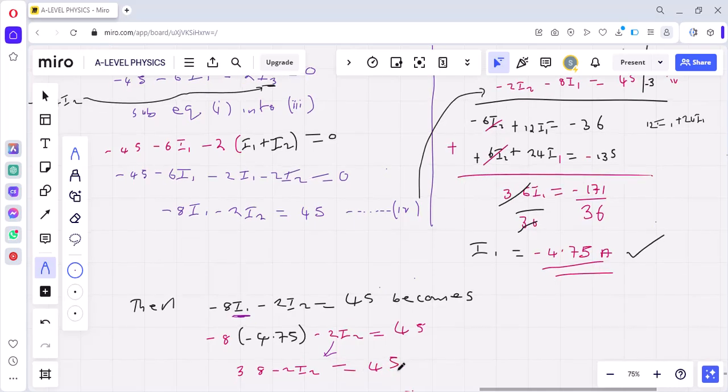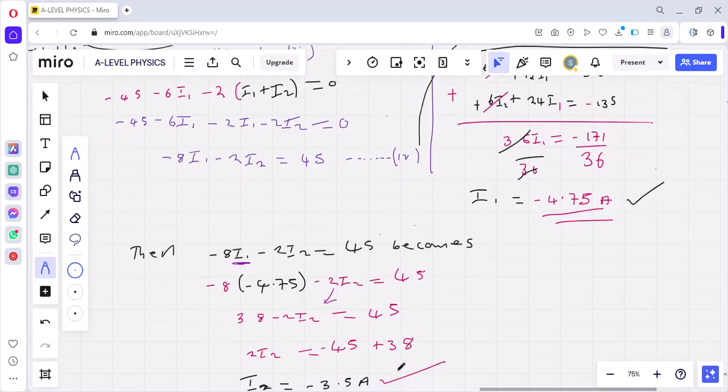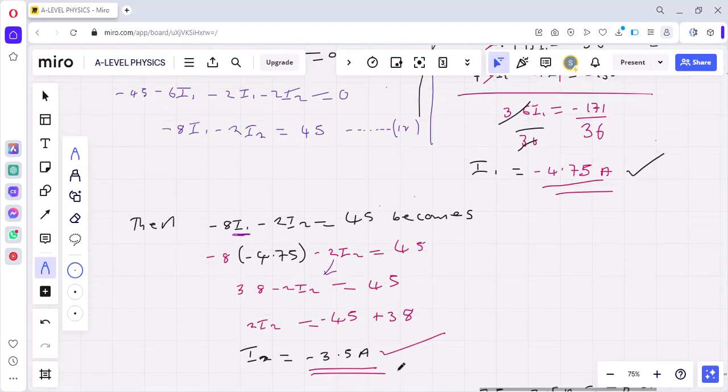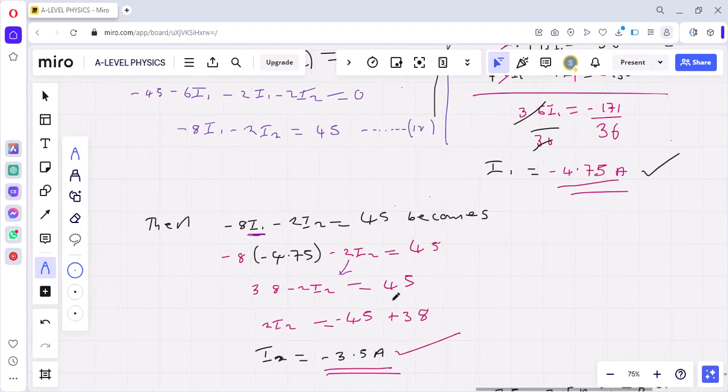Now we can solve for I2. Solving for I2, we can take this 38 to the other side. By the way, this is negative 45.